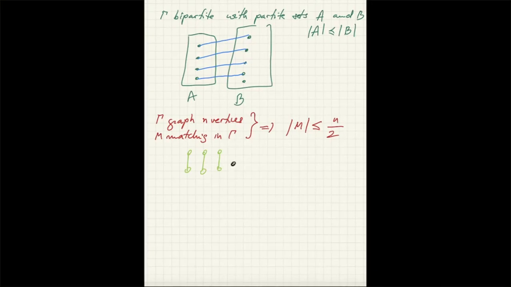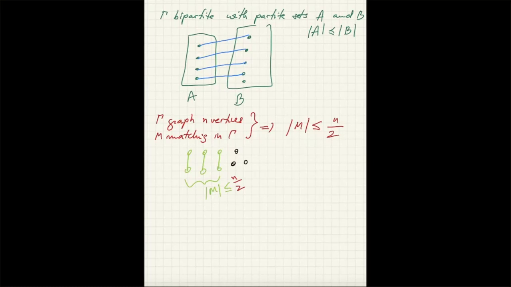Potentially you could have some vertices that are not in any edges of this maximum matching, of maximum size. But in total, the number of edges that we have here, the cardinality of M, is at most the number of vertices in the graph divided by 2, which is n over 2.